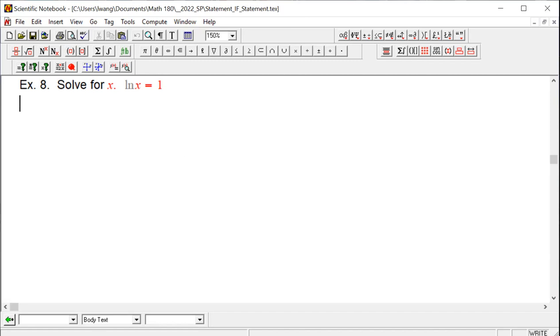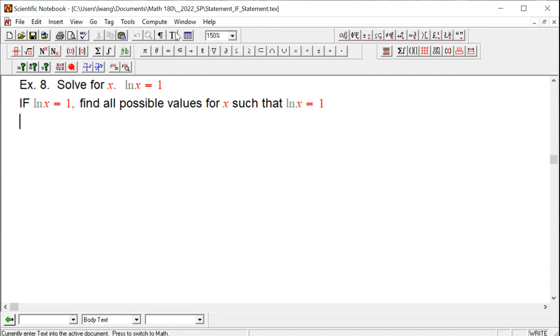Well, it's an if statement: if ln x equals 1, find all possible values for x such that ln x equals 1. That's the issue.